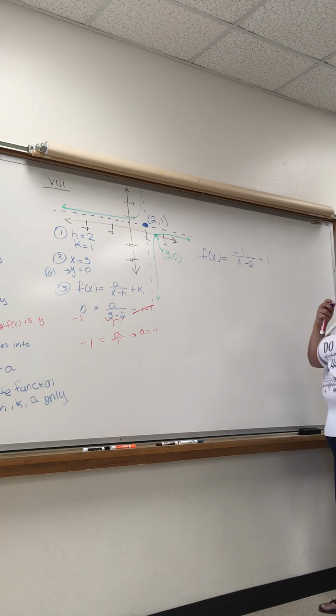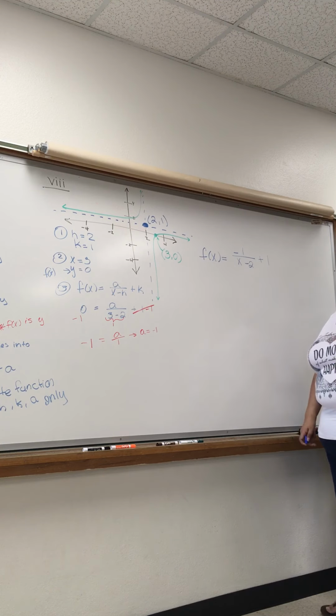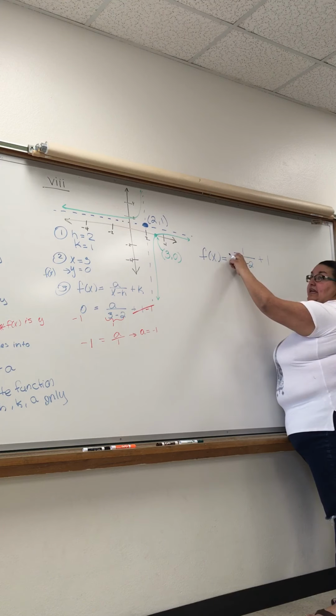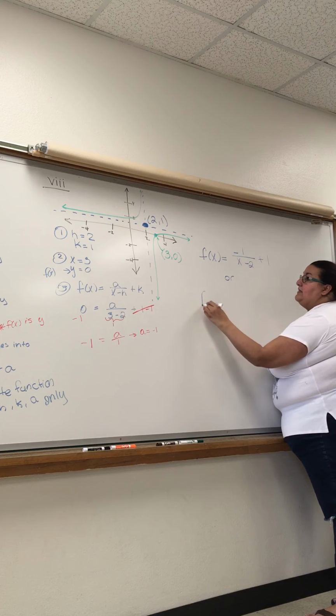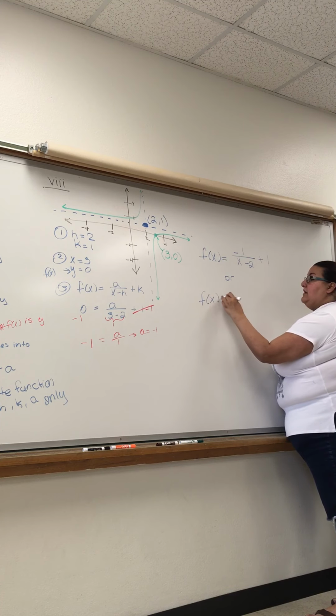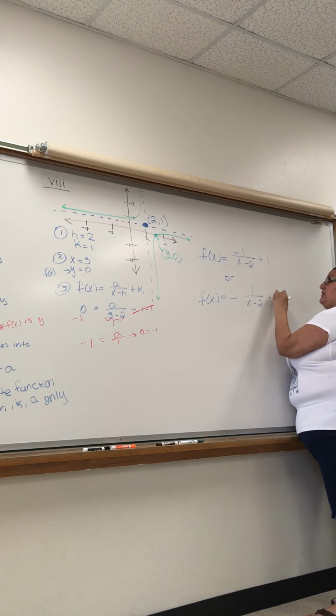Okay? Now, you can also, in some cases, and also in your test, you'll probably see it this way as well, you will also see that this negative can also go on the side. Or it can also be written as f of x equals -1 divided by x minus 2 plus 1.